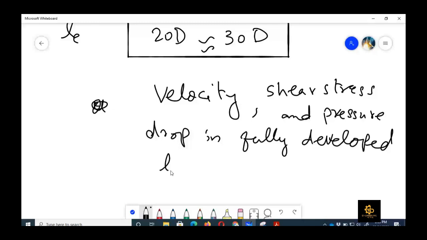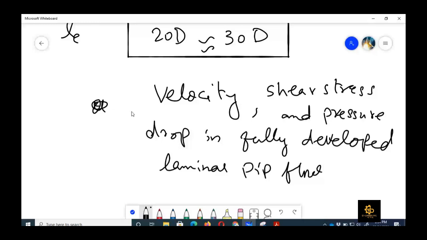That is our objective: if we know the pressure drop, how can we calculate the shear stress, which is the opposing force in the fully developed flow, and more importantly, how can we determine the velocity due to that applied pressure drop.